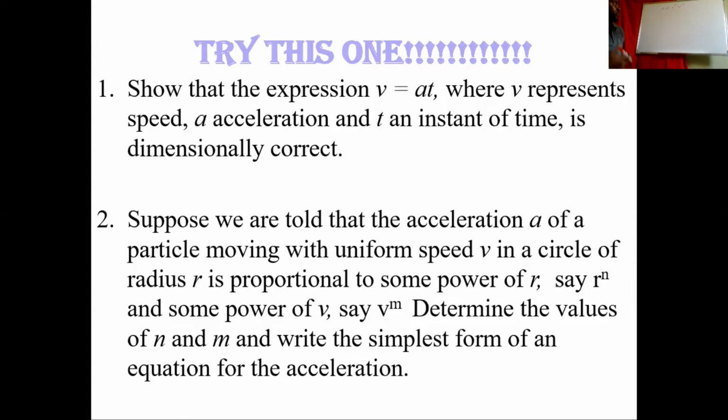So in this case, we have to use dimensional analysis to see what could be the possible values of n and m. So we know that acceleration is L over T squared, and that's proportional to r, which is a length, so it's L to the n. v there is speed, so that is L over T.